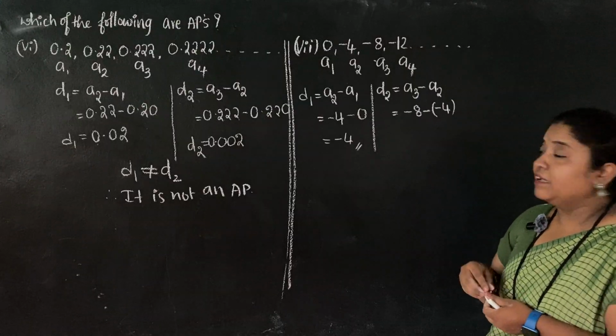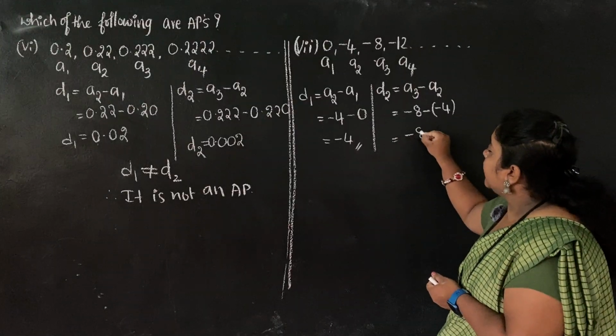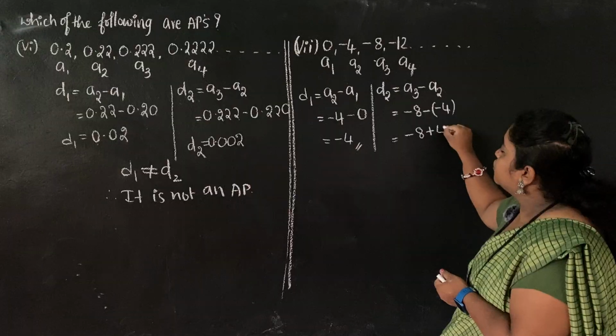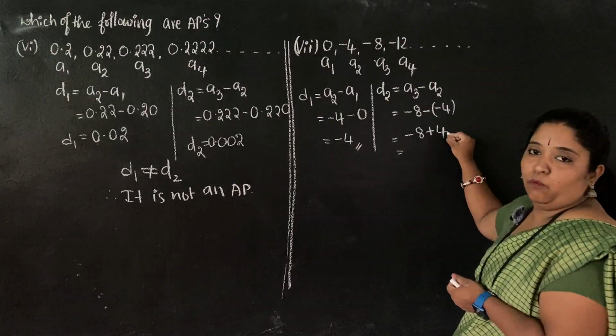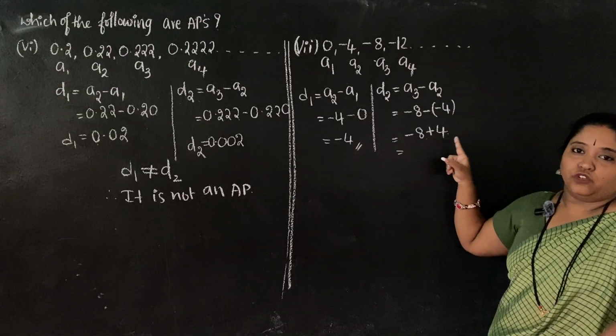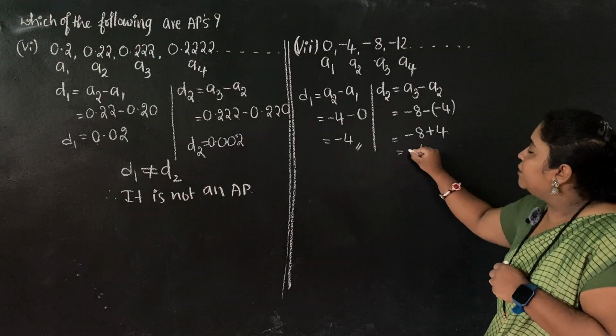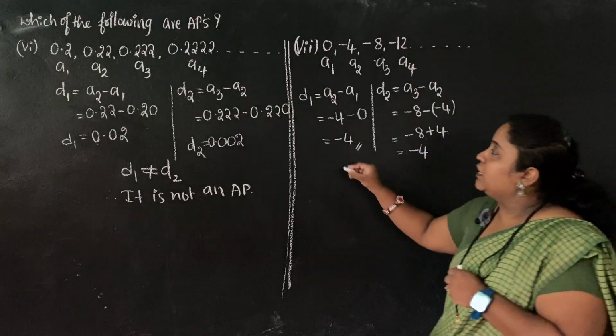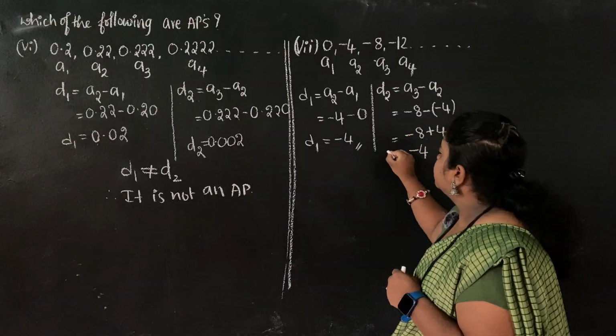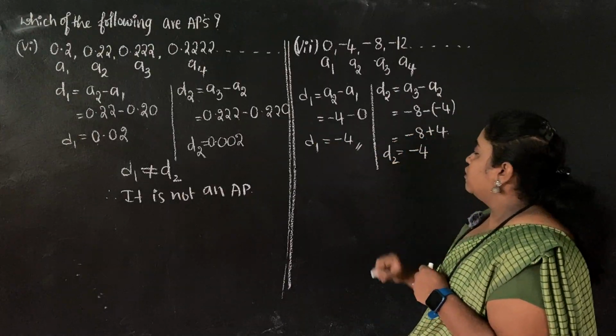Write both of them. See here, minus 8 minus into minus, plus 4. Minus 8 plus 4. One is negative and one is positive. Bigger minus smaller, keep the bigger sign. 8 minus 4 is 4. Bigger sign is minus. So D1 I got minus 4, and D2 also I got minus 4.